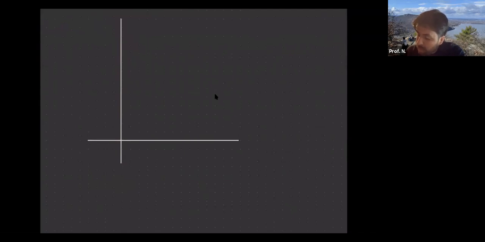I know (1, 2), this is 1 and this is 2. So this is my first vector here. And then (1, 3), I have another one. And then (3, 8): 4, 5, 6, 7, 8.